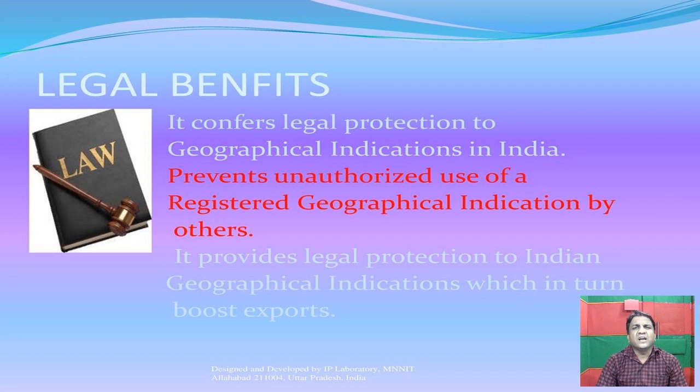It prevents unauthorized use of a registered geographical indication by others. No one can use a GI from others, so that it should be protected. So it provides legal protection to Indian geographical indications, which in turn boosts the exports. So these are legal benefits for a GI.